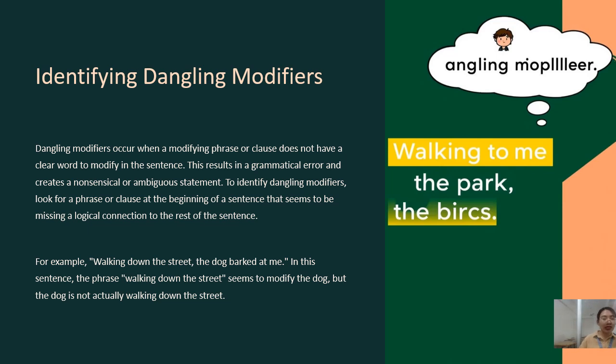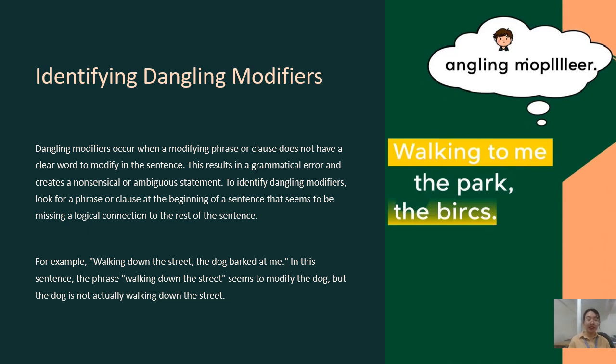To identify dangling modifiers, we need to look for a phrase or clause at the beginning of the sentence that seems to be missing a logical connection to the rest of the sentence. For example: walking down the street, the dog barked at me. The phrase walking down the street seems to modify the dog, but the dog is not actually walking down the street.